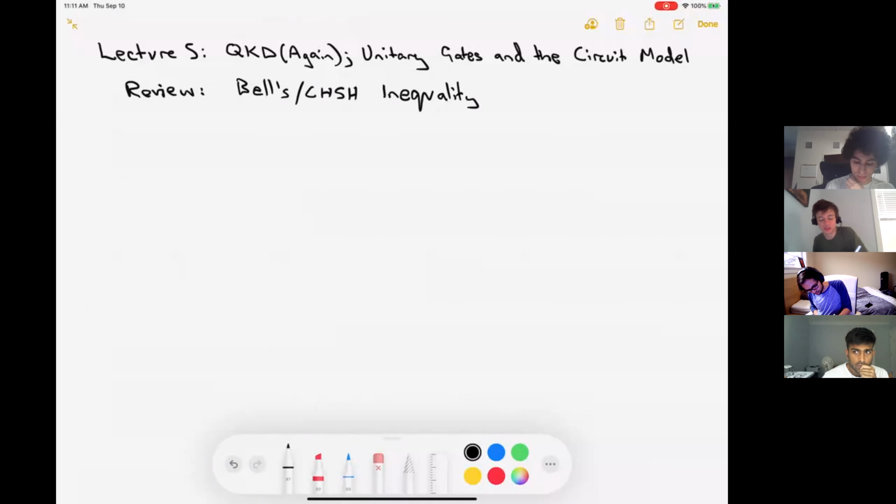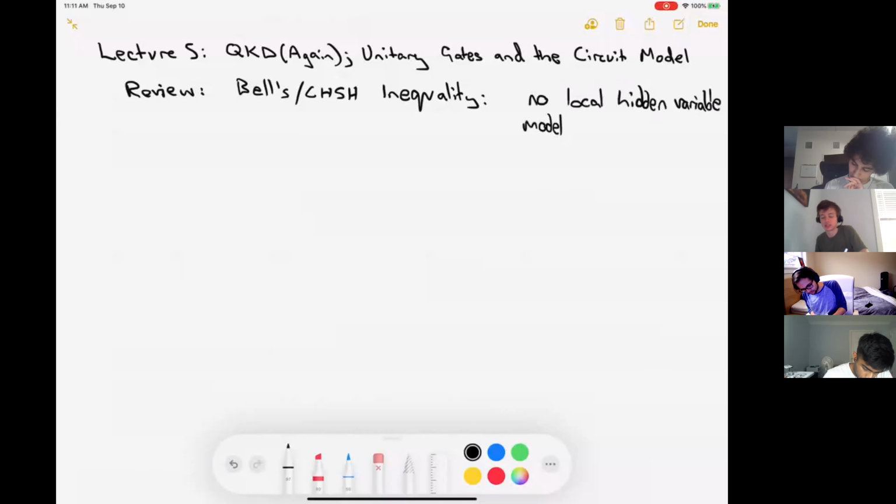But really the key point is that no local hidden variable model can simultaneously explain all the correlations, measurements, and entangled states.